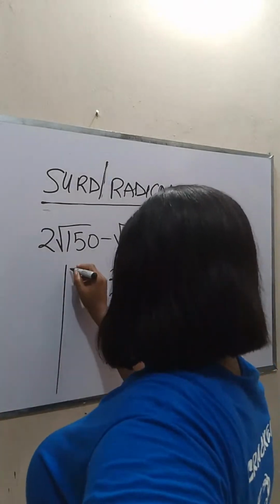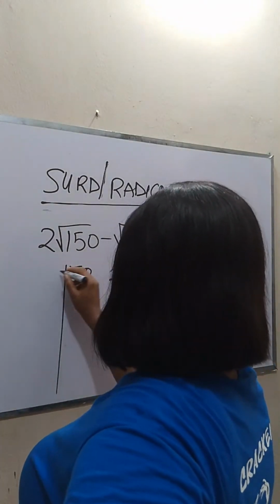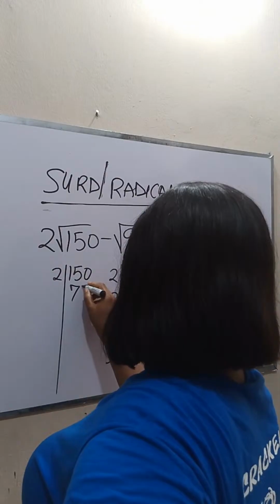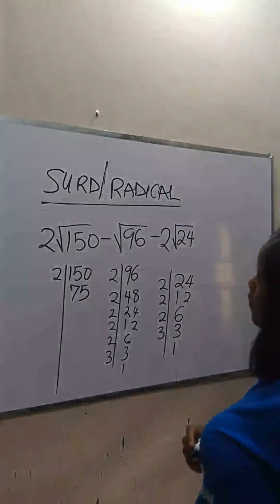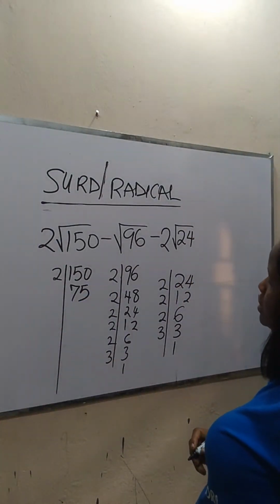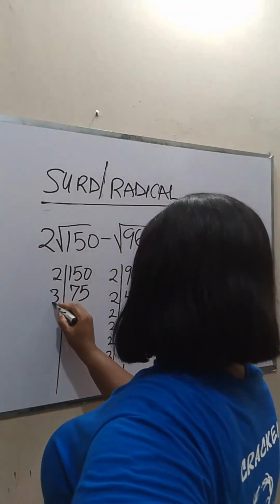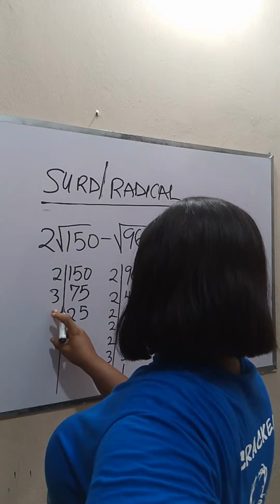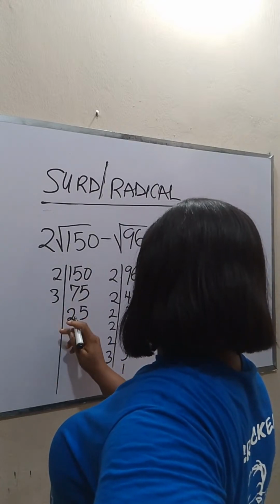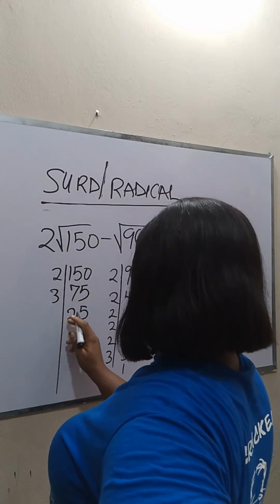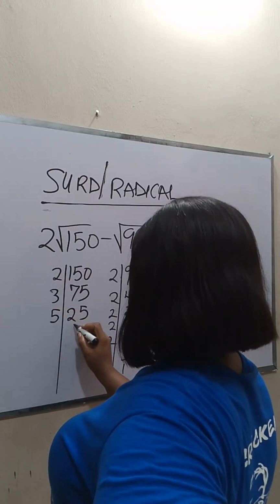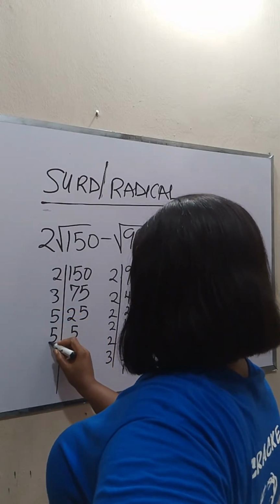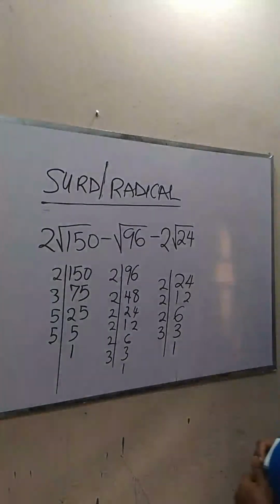And here we have 150 divided by 2. We have 75, right? Yes. We divide by 3. We have 25. Okay. We divide by 5. We have 5. We divide by 5. We have 1. All right.